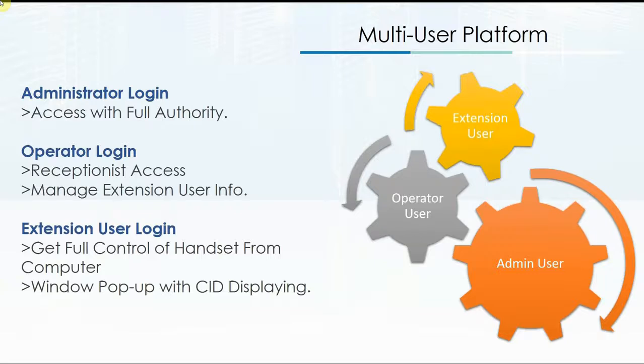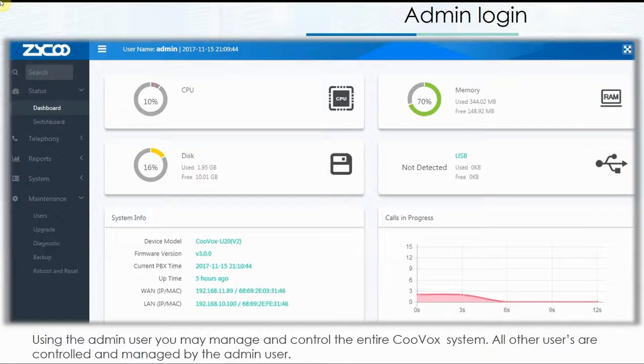This typically gives the ability to manage extension user info and receptionist type access. Finally, extension user login, which gives the user full control of their handset. So, an admin user can manage and control the entire CoolVox system, including all other users, such as the operator and extension user.